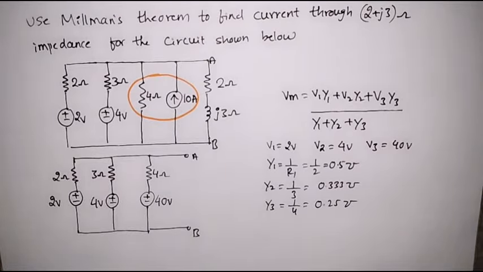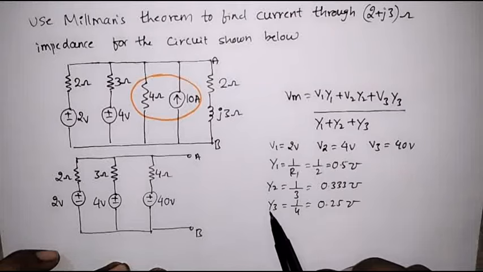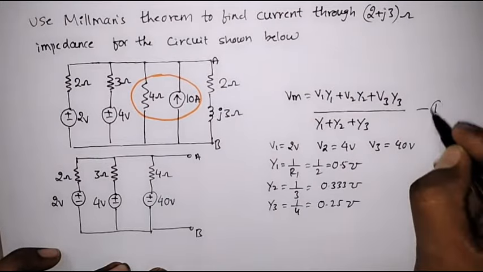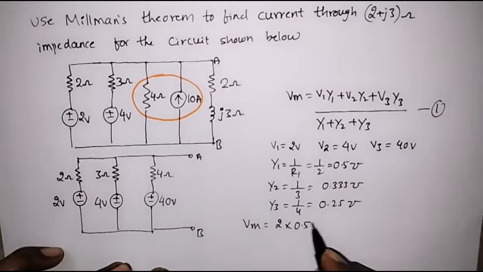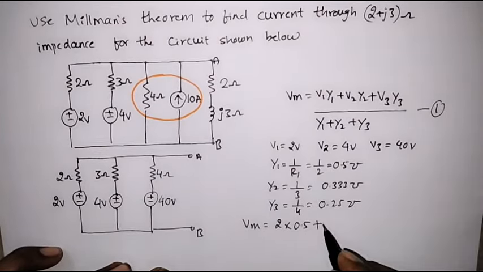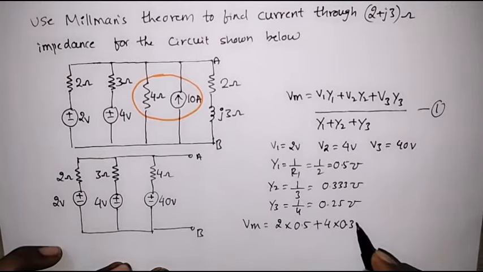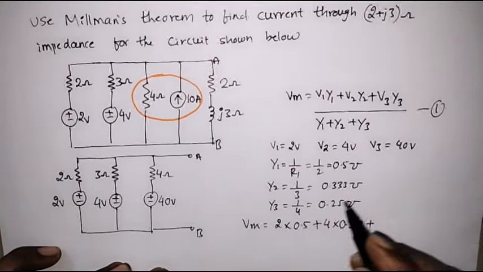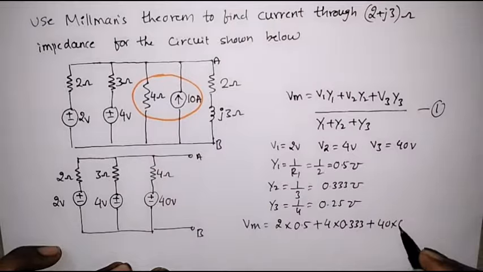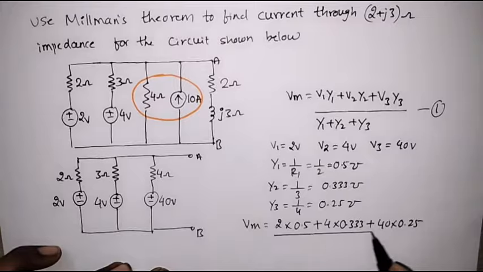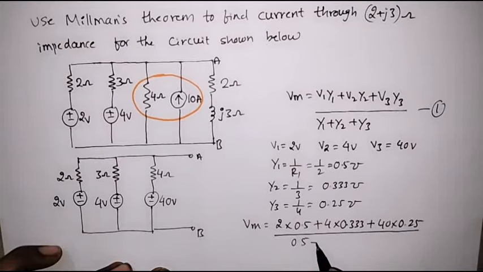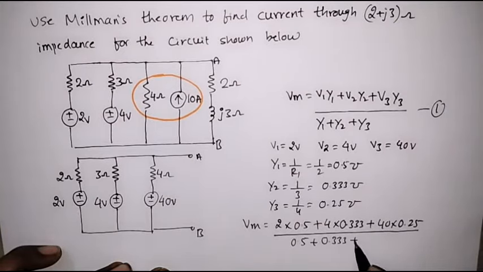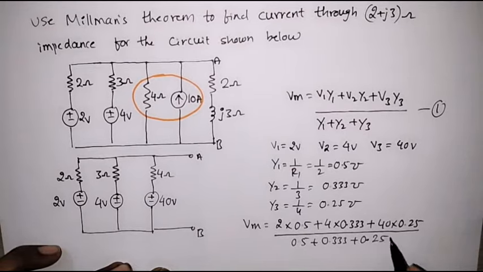Now we'll substitute V1, V2, V3 and Y1, Y2, Y3 in equation 1. Therefore I can write Vm is equal to 2 into 0.5 plus 4 into 0.333 plus 40 into 0.25, whole divided by Y1 plus Y2 plus Y3, that is 0.5 plus 0.333 plus 0.25.